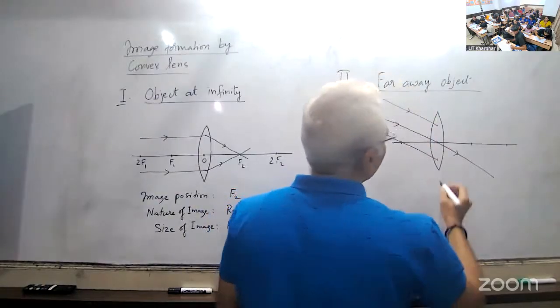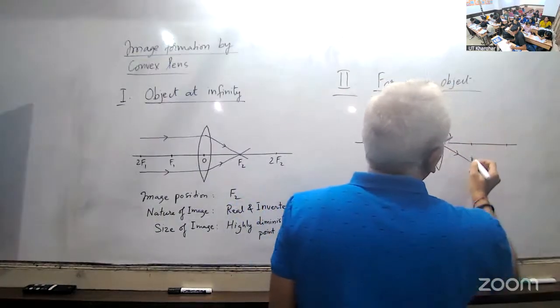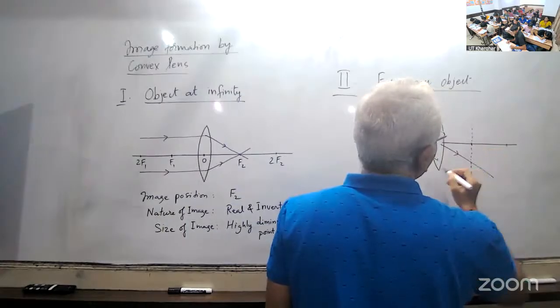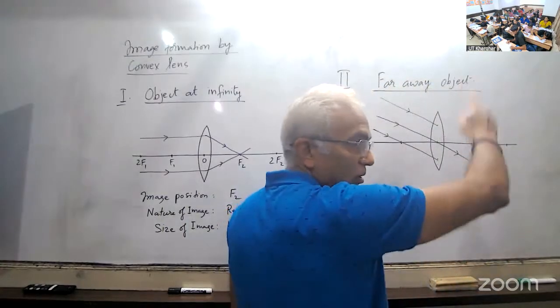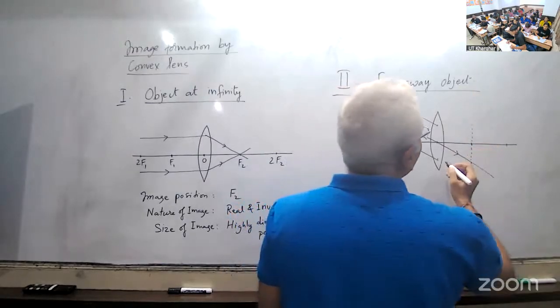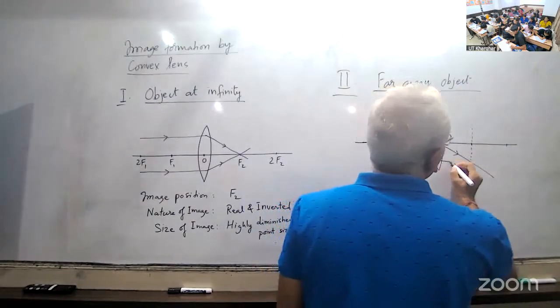So now what will happen? This passes through focus. And where will it meet now? It will meet in the focal plane. This is the clue. Draw the focal plane, a perpendicular passing through the focus. And then join this point.